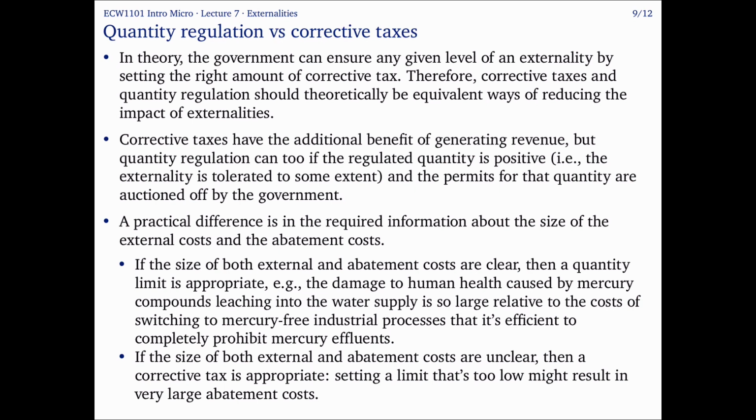Then this was studied in depth and it became absolutely clear that mercury is terrible for humans, okay? The cost was the plant had to use an industrial process that doesn't use mercury. But that's not that bad. It's possible to switch to mercury-free industrial processes relatively easily. So that's a situation where it's efficient to ban industrial mercury use, right?